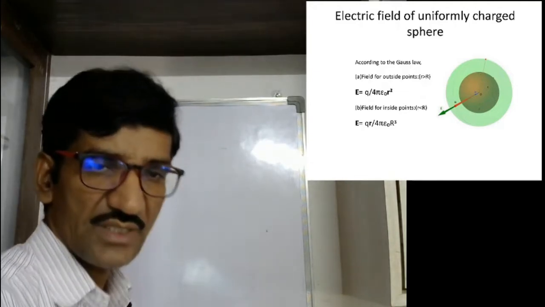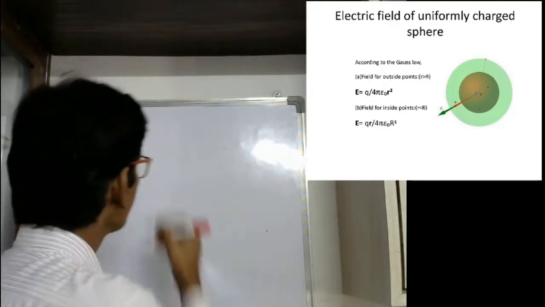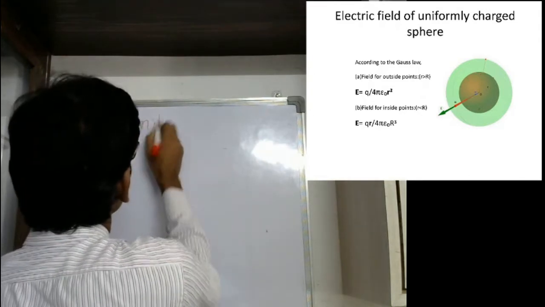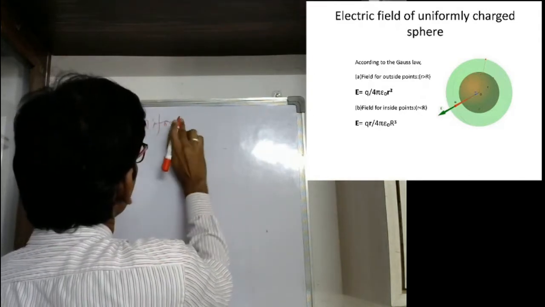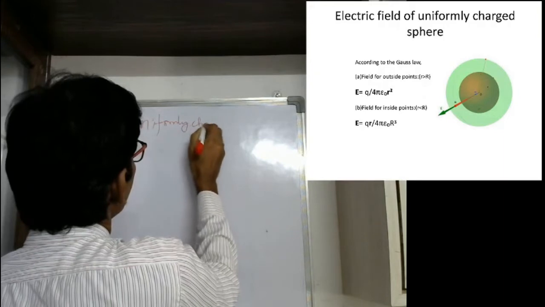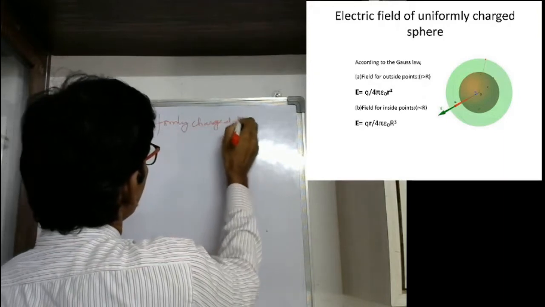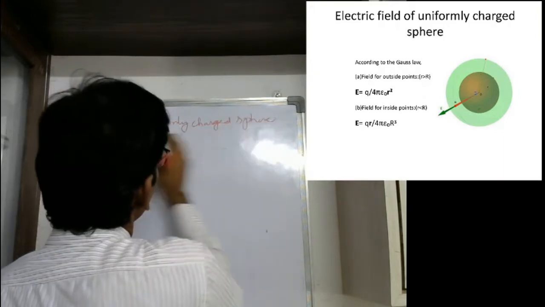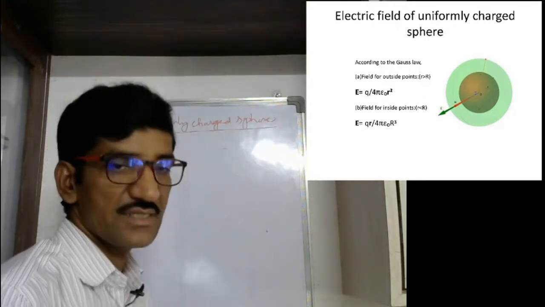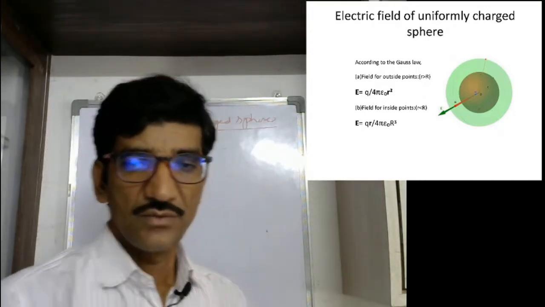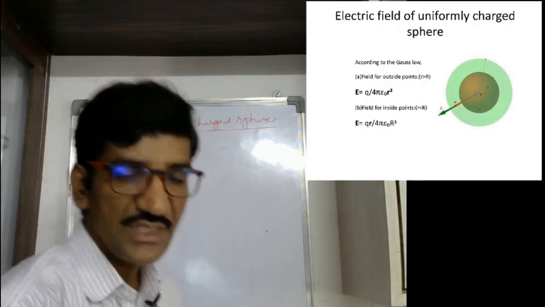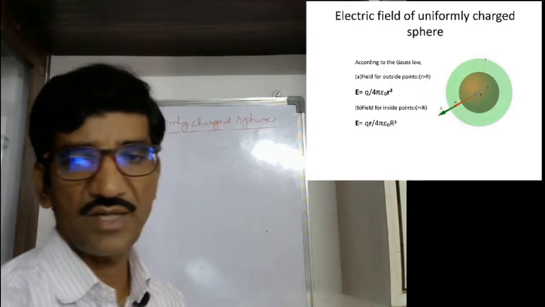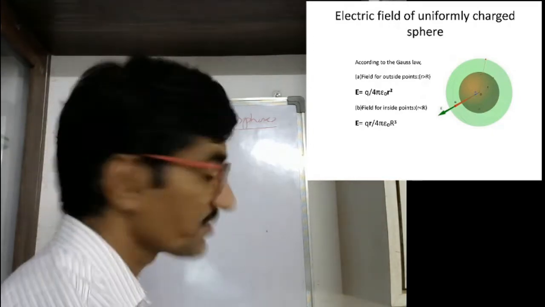Today we will start with the uniformly charged sphere. In yesterday's class we already calculated the potential at the outside points of the uniformly charged sphere.